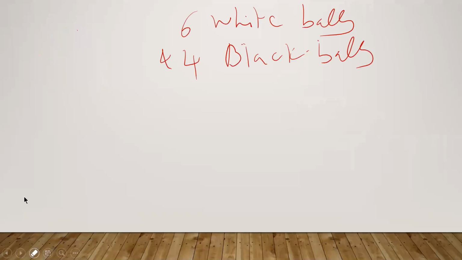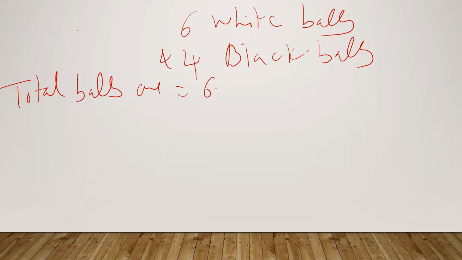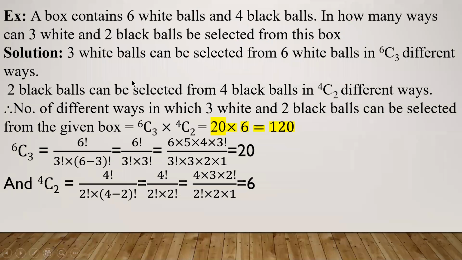So this box contains 6 white balls and 4 black balls. So in total how many balls are there? Total balls are 6 plus 4 is 10. In how many ways can 3 white and 2 black balls be selected?